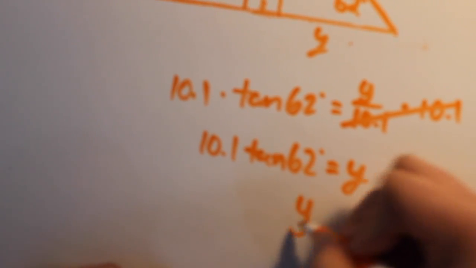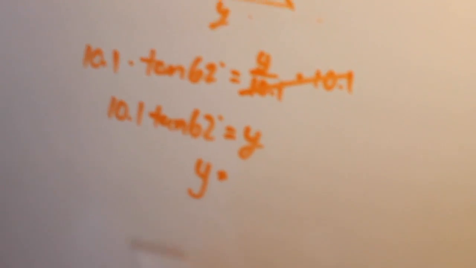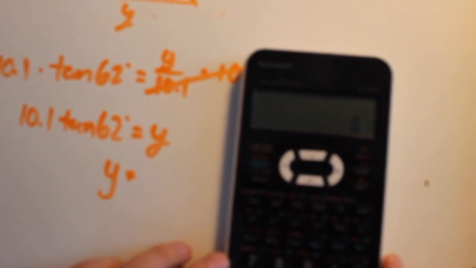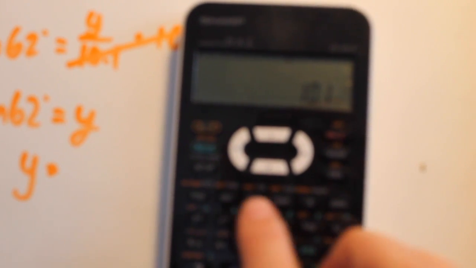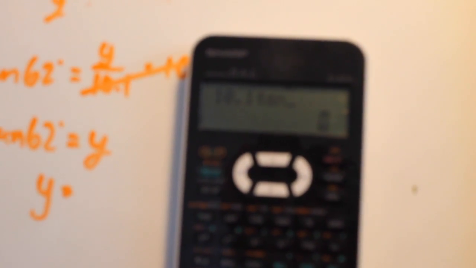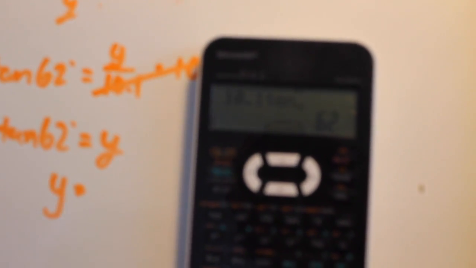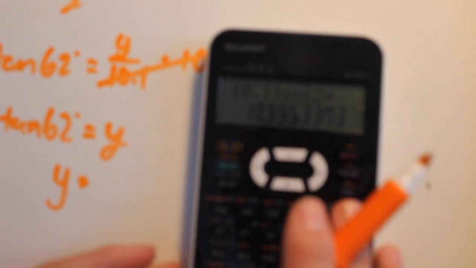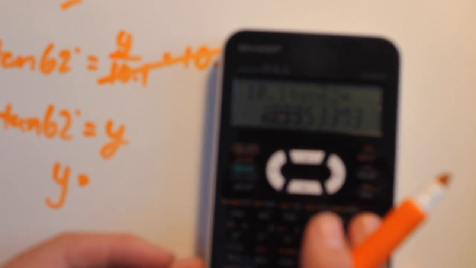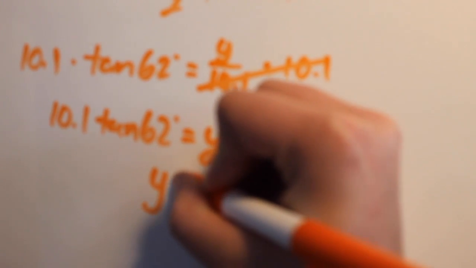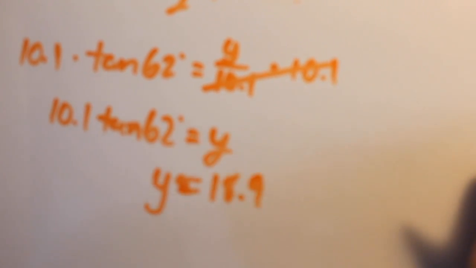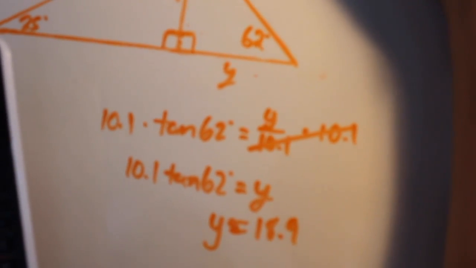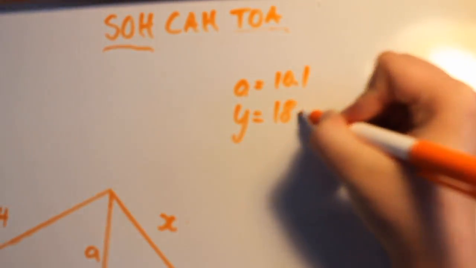So y would equal, in our calculator, 10.1 tangent 62 is equal to 18.9. So I'm going to leave it at 18.9. Y is approximately equal to 18.9.